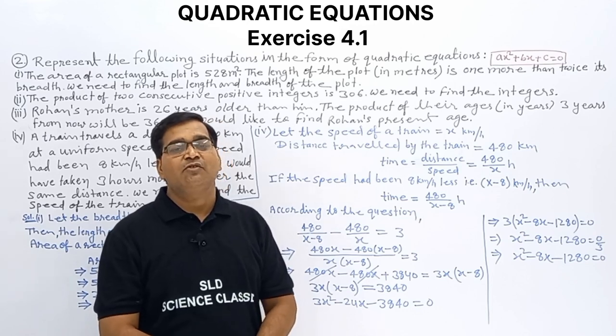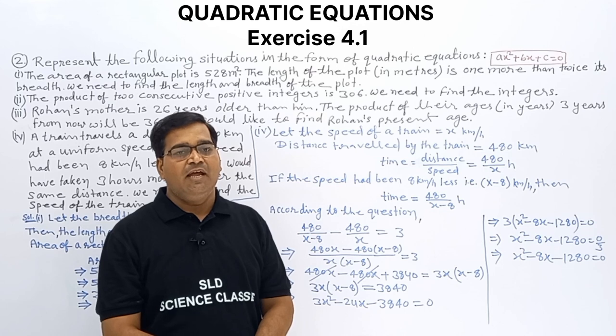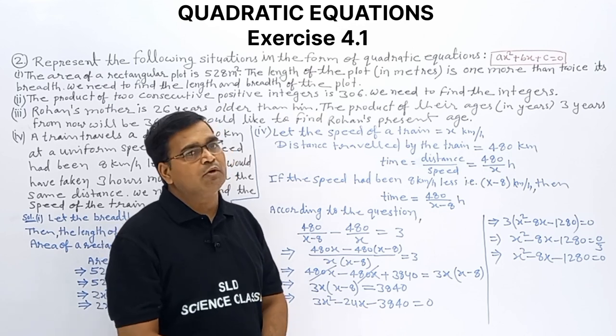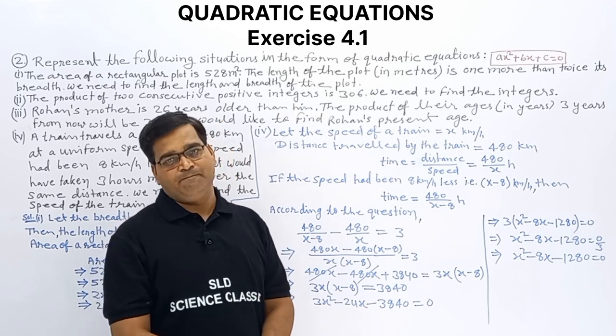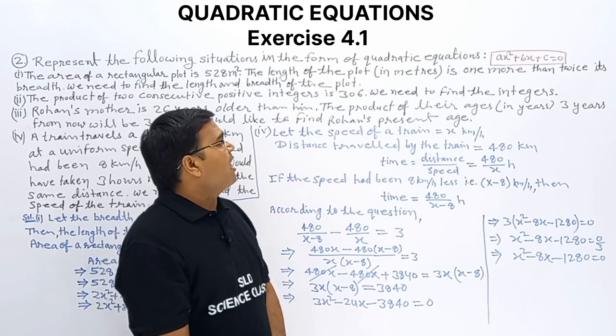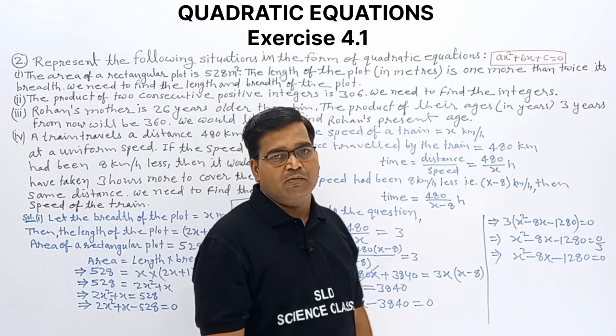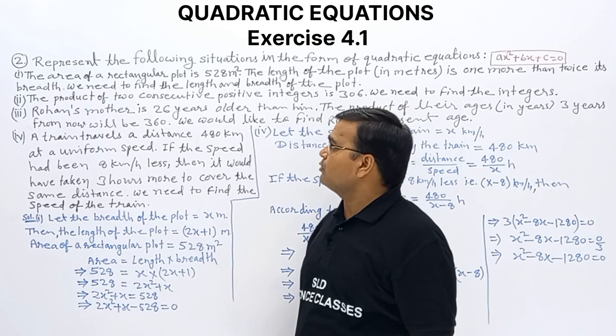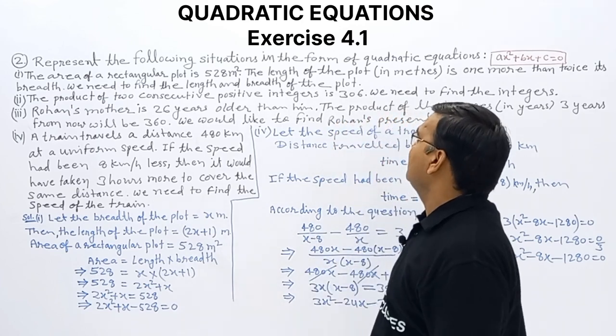Then it is a quadratic polynomial, and a quadratic polynomial equal to 0 is a quadratic equation. Clear?